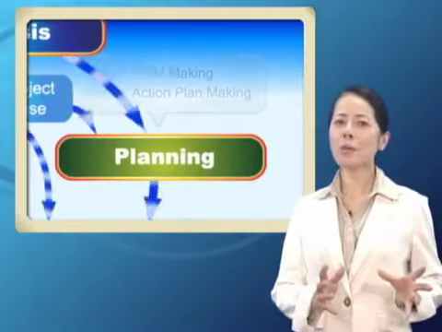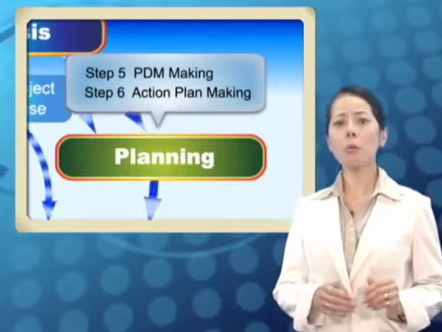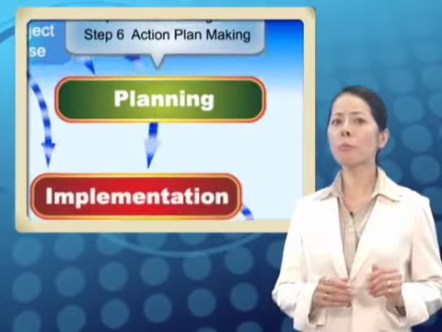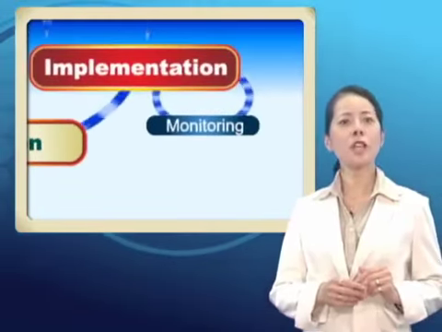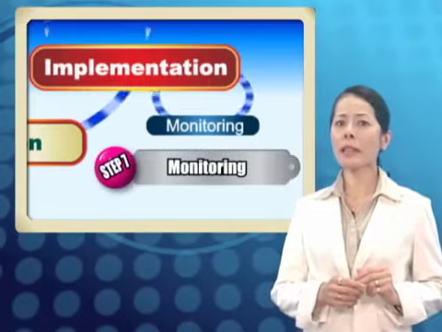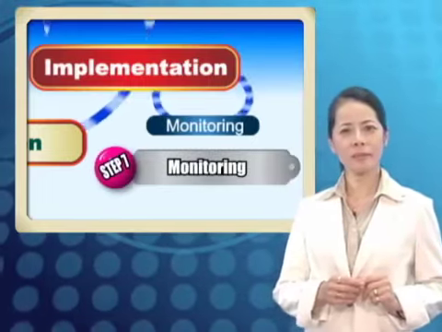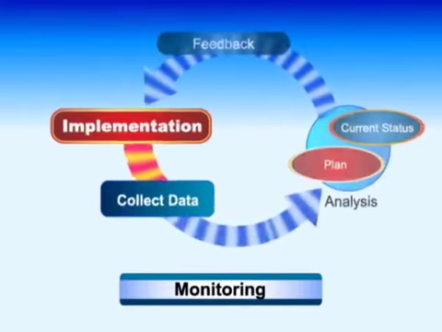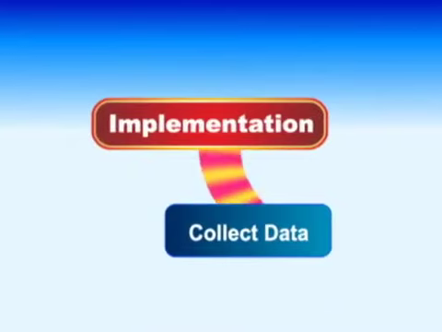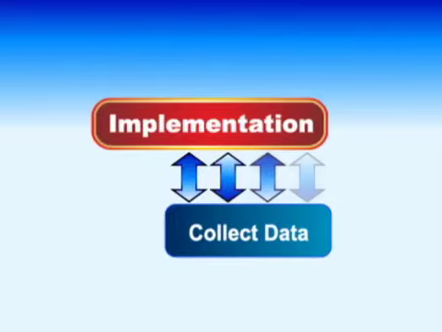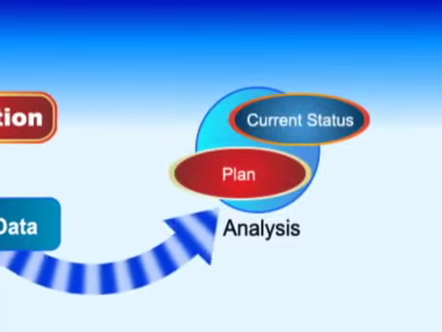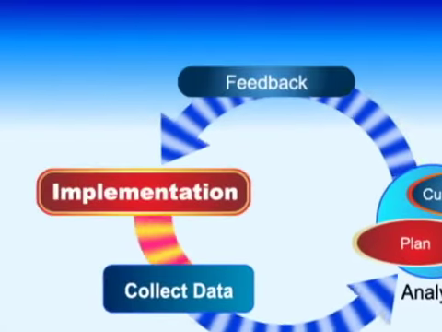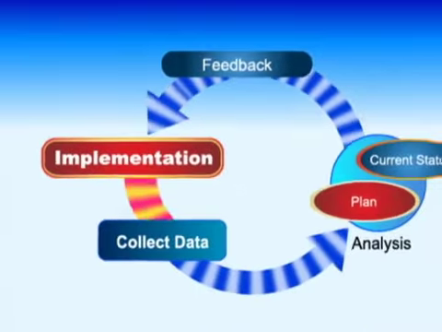After making an action plan, activities of a project or a program proceed to the implementation stage. Step 7 of the PCM method is monitoring. Monitoring means to collect data of the output indicator periodically during project progress management to analyze its result and then give feedback to project implementation.